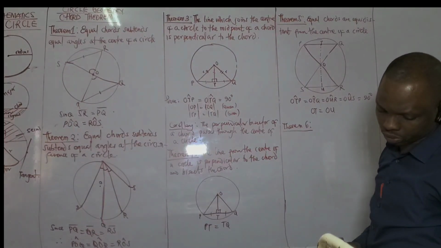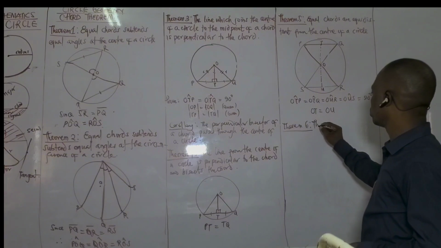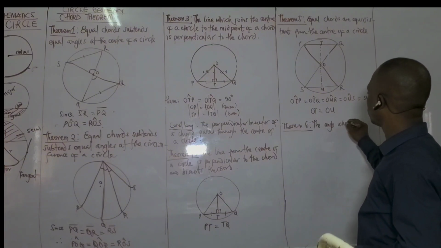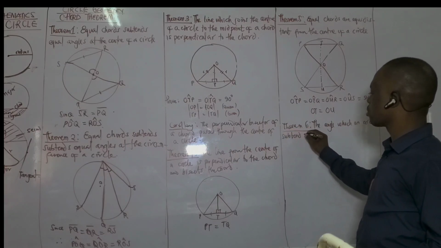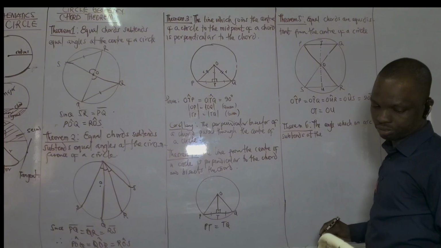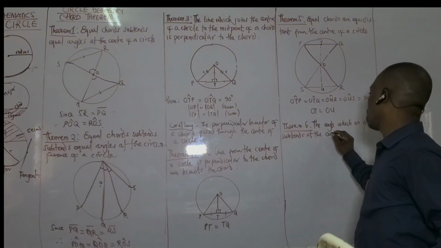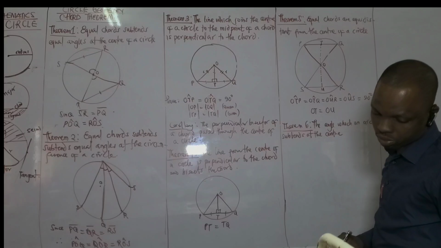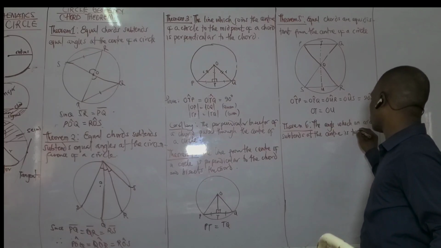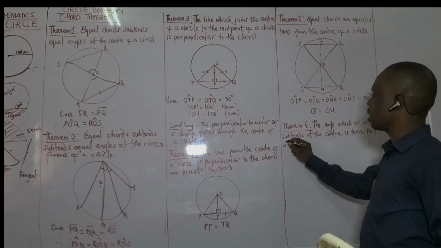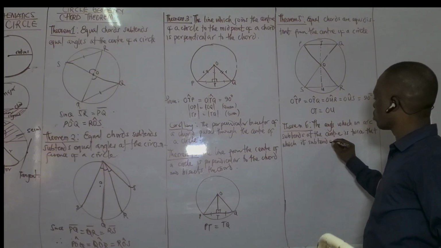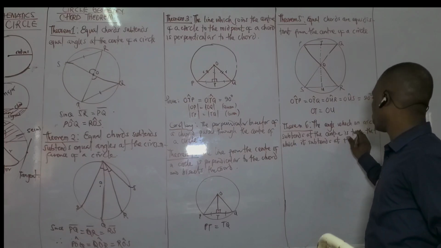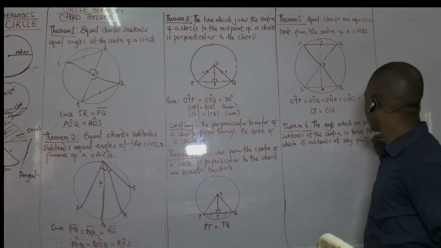The angle which an arc subtends at the center of a circle is twice that which it subtends at any point on the circumference.